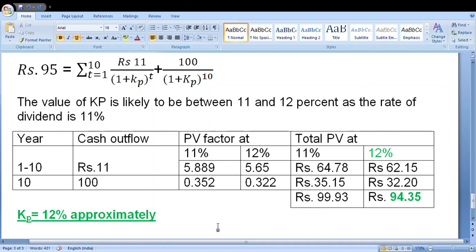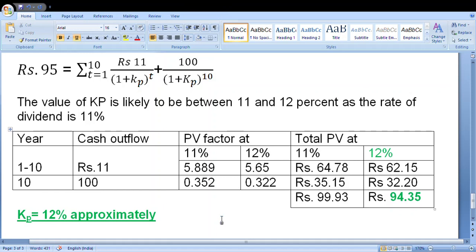If we want to calculate the exact percentage, we have to follow the method we learned for IRR, the interpolation kind of formula. Then we can easily calculate the exact value which equates to 94.35.